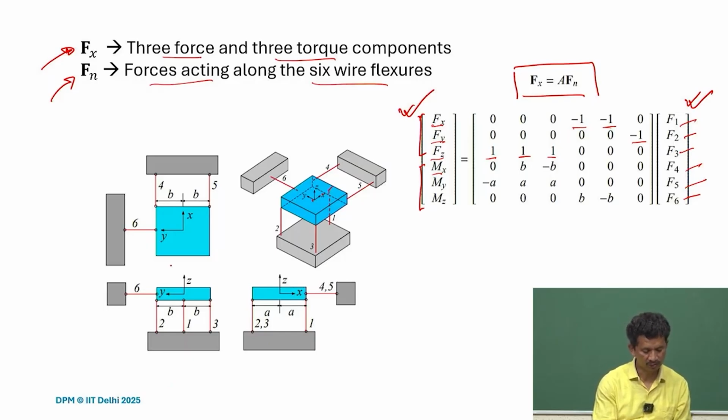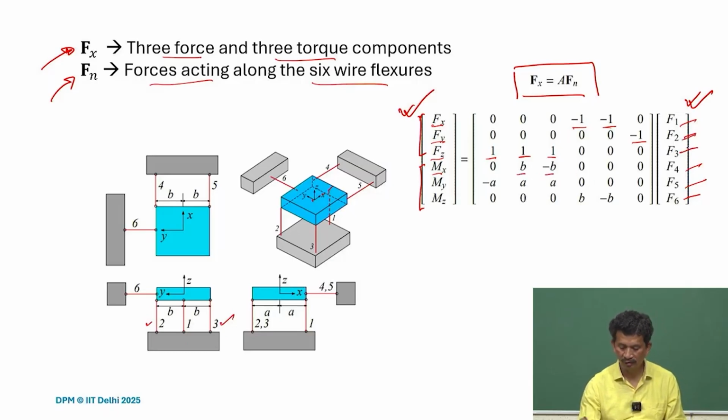So if we are talking about Mx and trying to rotate, these are 2, 3. So for Mx, 2 and 3, but one is b and one is minus b, right? So one will get compressive load and the other will get tensile load. So that's why one is positive, and of course we have to check the nature and how it is rotating.